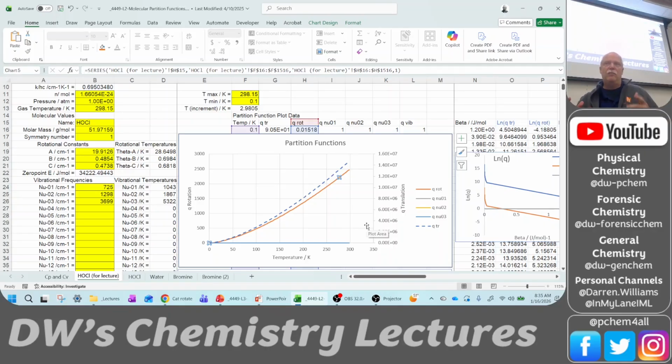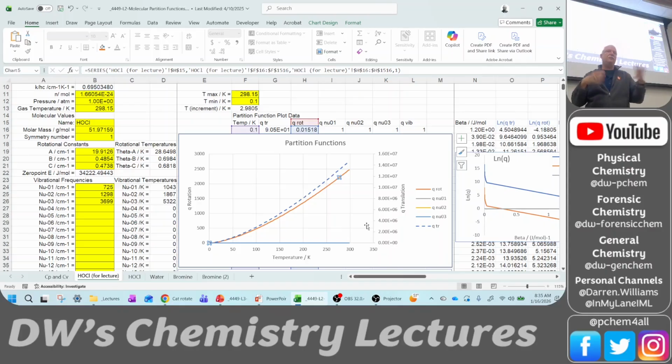So where's most of the energy of this molecule stored in terms of room temperature? Like if we're at room temperature and this molecule is floating around in a gas phase, where's most of the energy stored? The Q values tell you how many levels are populated. And so most of that energy is stored in translation. So when we talk about heat being transferred by gases through translation, that's why.